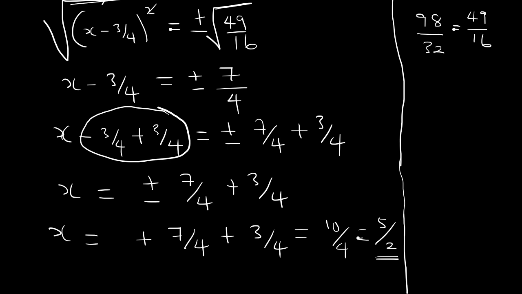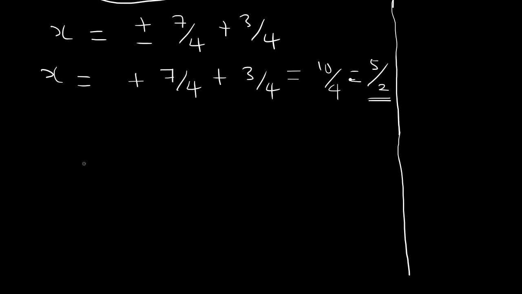Now the second case, we'll take the negative sign. If we take the negative sign, we'll have that x is equal to negative 7 over 4 plus 3 over 4 is equal to, now the denominators are the same, so we'll work on the numerators.